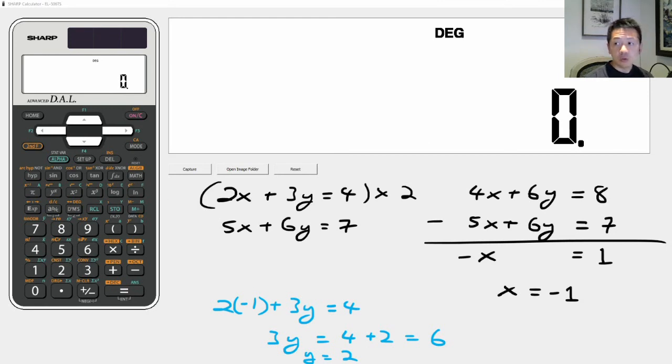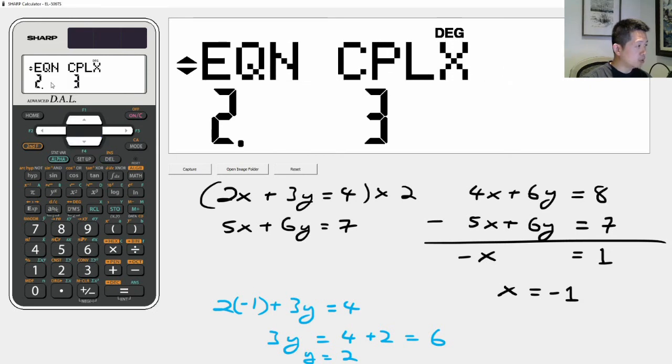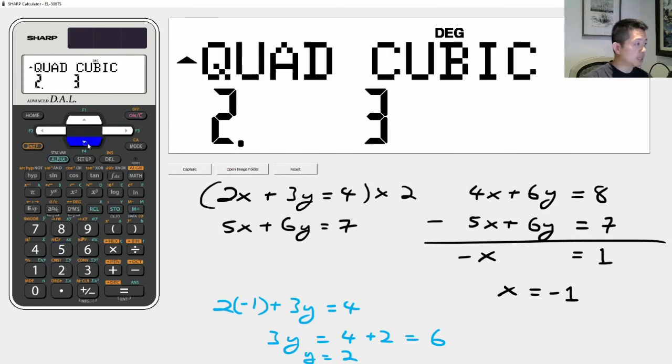Now, if I want to use my calculator, the Sharp EL-506TS, then I'm going to do mode. You see the arrow here, so I can just push down the arrow, equation, so 2. Now, 2 value and 3 value, because in my other video, basically I solve for the quadratic function or the cubic function, right?